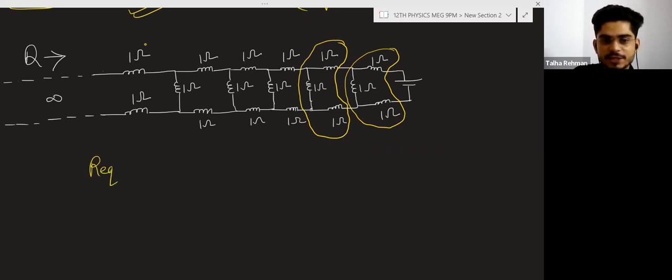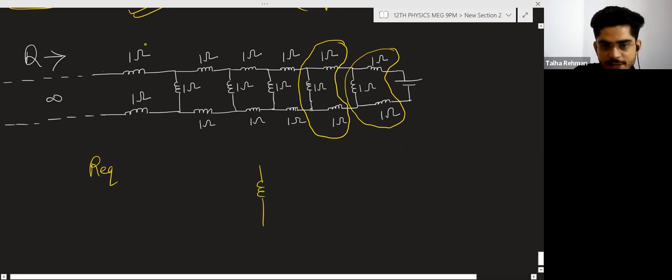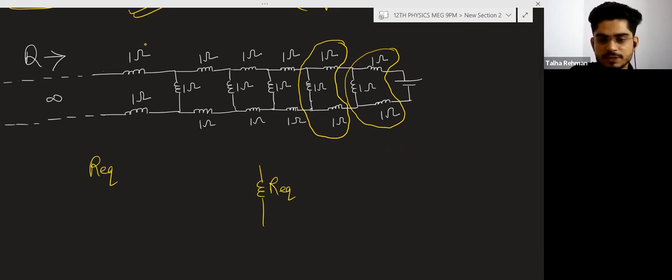You will connect this R equivalent with this combination, like this. Now you will connect the repeating term with this.